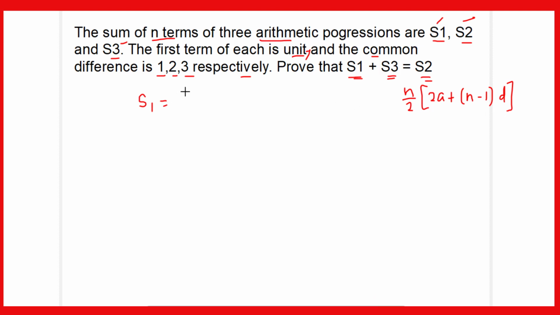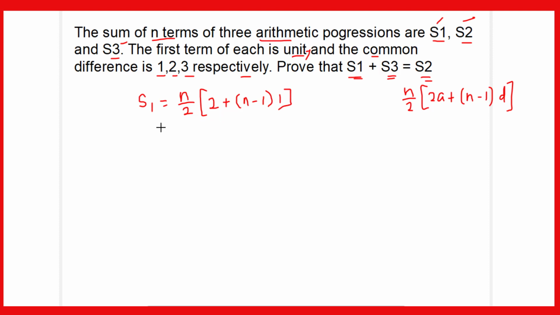So here the sum of the n terms of the first arithmetic progression will be n by 2 into bracket 2a, but a, the first term, is unity, so it will be 2 into 1, that is 2, plus n minus 1 into d, and d is 1.